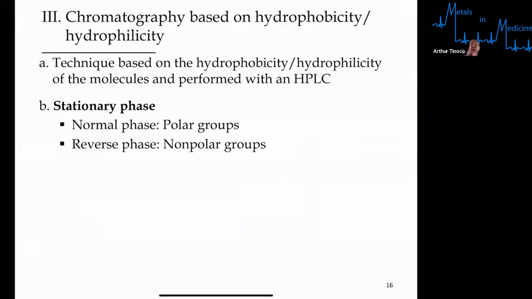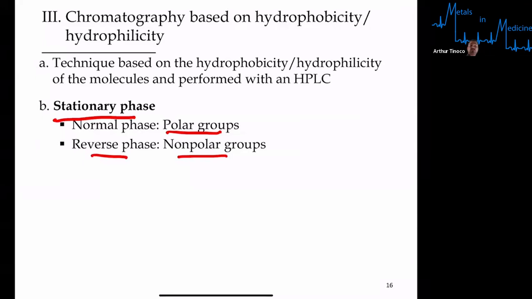When you're using this terminology, this is what you commonly refer to as normal phase liquid chromatography, or the more common one, reverse phase liquid chromatography. Okay, so based on that terminology, we're focusing on the stationary phase. The normal phase will consist of polar groups on the actual resin, versus the reverse phase, which will consist of non-polar groups.